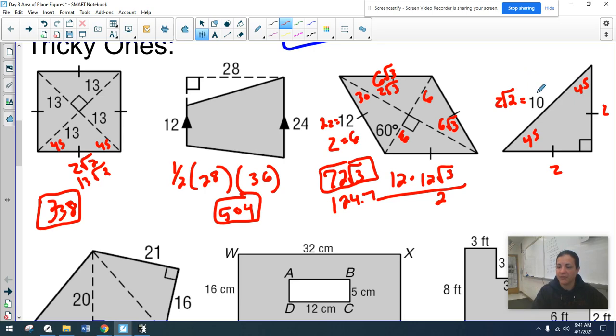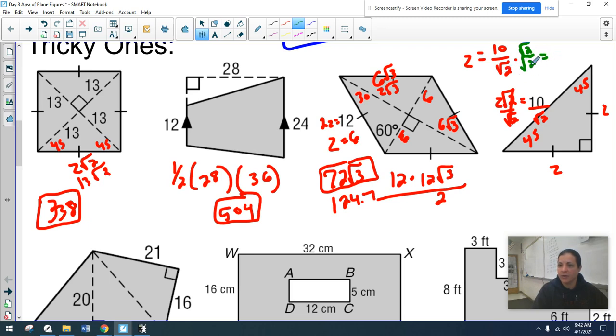So to be able to find your triangle, I need my base and I need my height. So I need those z's in there. What we did before, when we divided by a square root, is we did what's called rationalizing the denominator, which meant you did it like this. You wanted to get rid of that square root in the denominator.